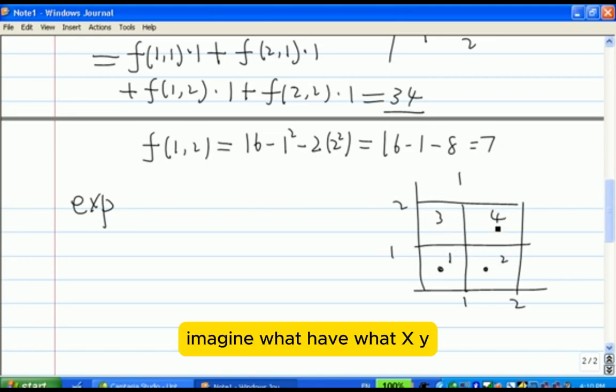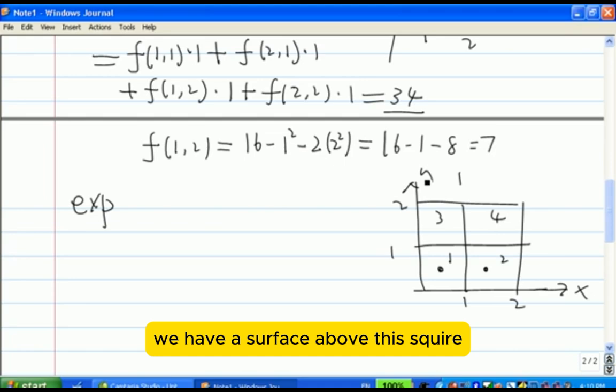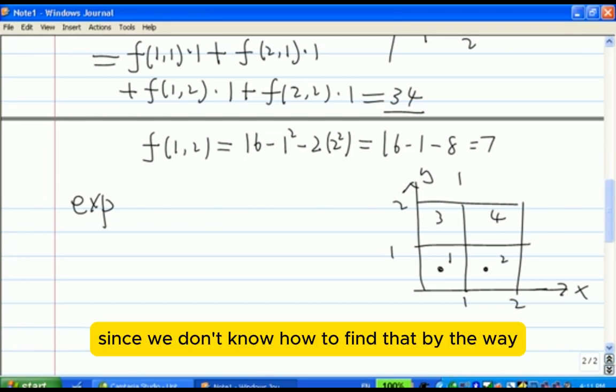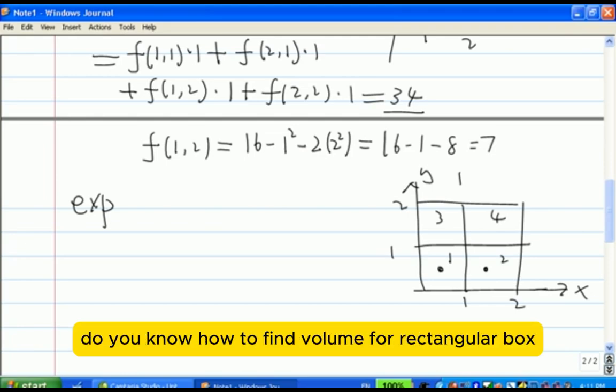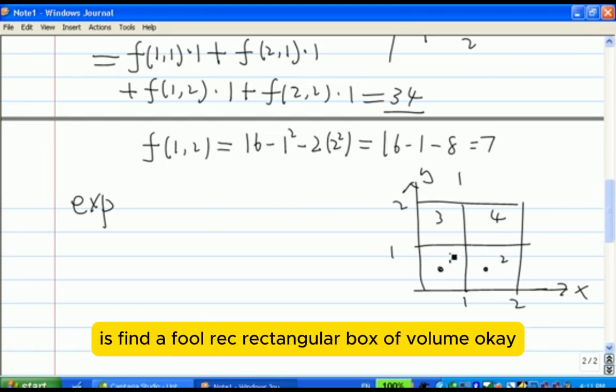Imagine we have a surface above this square in xy. We're talking about the volume under this surface. Since we don't know how to find that, but we do know how to find the volume of a rectangular box, we find the 4 rectangular box volumes. The volume can be approximated by the four boxes.